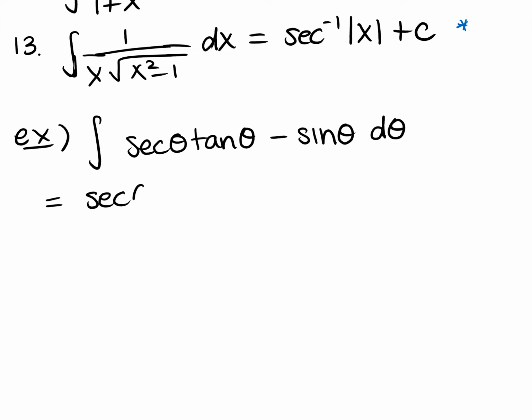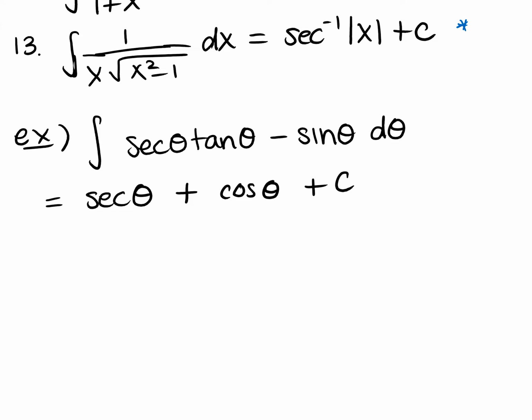That's just secant theta, right? So this part spits out secant theta. What's the antiderivative of sine? It's a negative cosine of theta. The other thing you could have seen there is you already have the negative, so I'm just going to get cosine plus c. So what's my final answer on this one? That becomes a positive. So my final answer is secant theta plus cosine theta plus c.